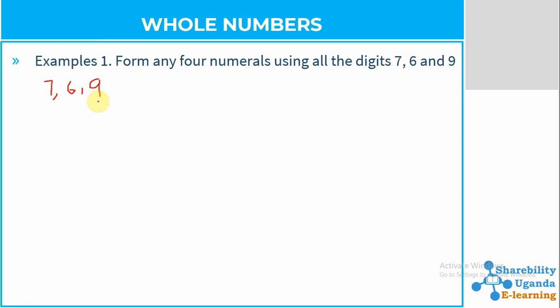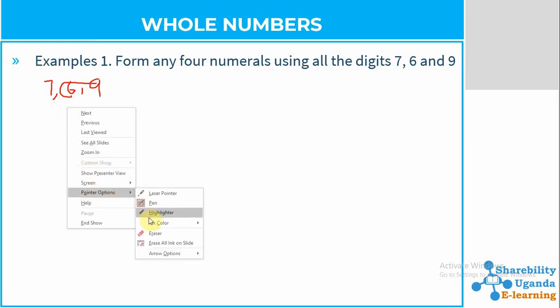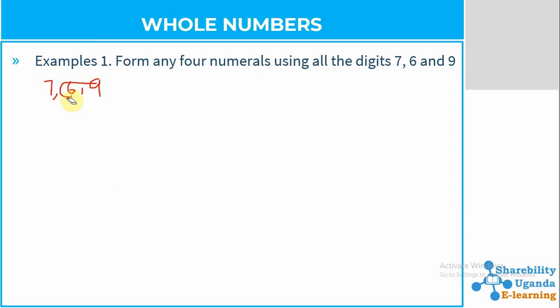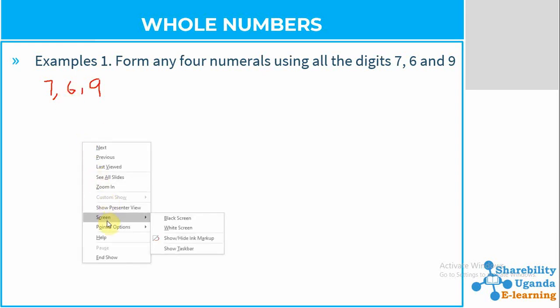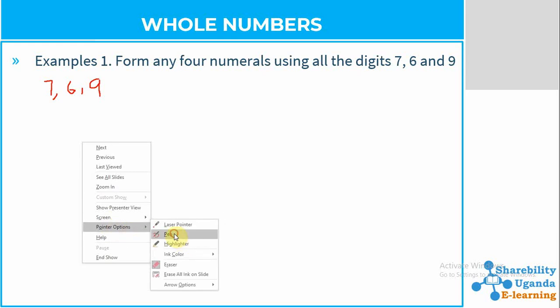The numerals are just a representation of numbers. So for us to form the four numerals, we are going to be combining these digits to form a numeral. This is how they do it.